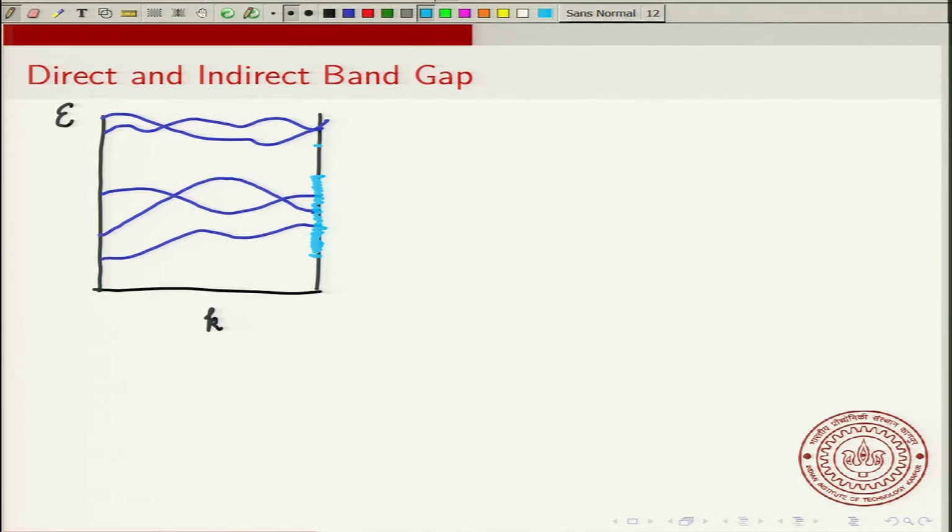Similarly, you have one or more bands for this set of energies. So these are two bands in the material, and this is the band gap.